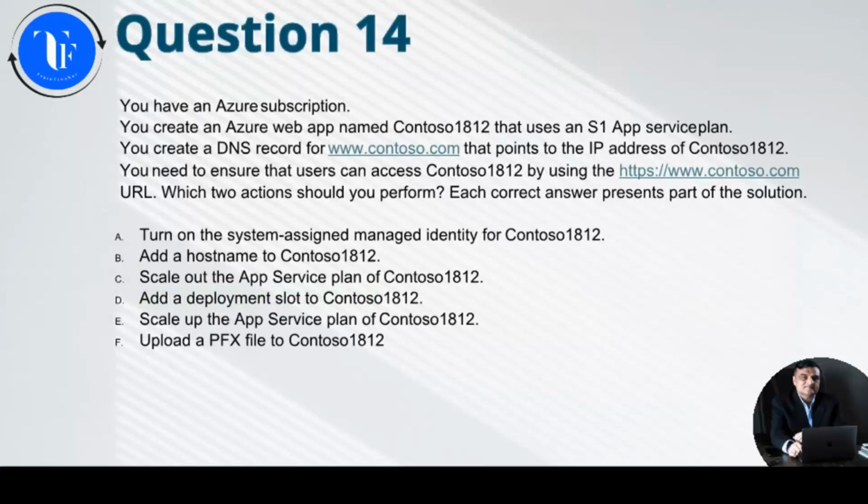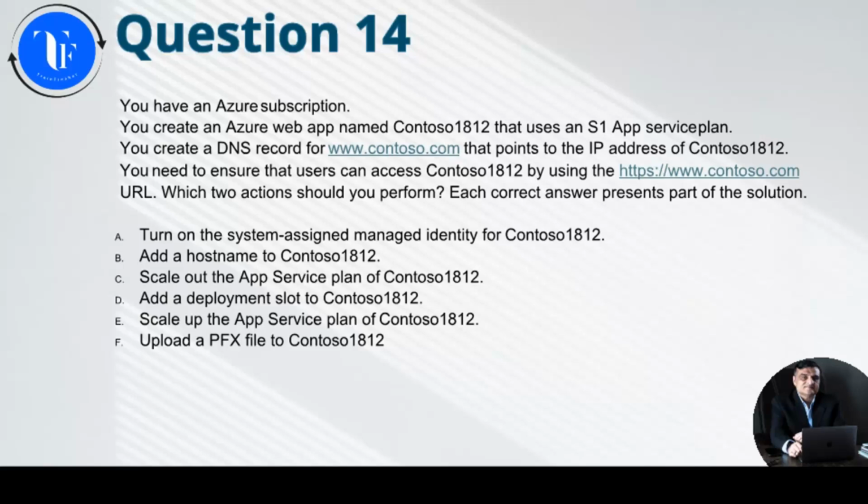Question 14. You have an Azure subscription. You create an Azure web app named Contoso1812 that uses an S1 app service plan. You create a DNS record for www.contoso.com that points to the IP address of Contoso1812. You need to ensure that users can access Contoso1812 by using the https://www.contoso.com URL. Which two actions should you perform? Each correct answer presents part of the solution.